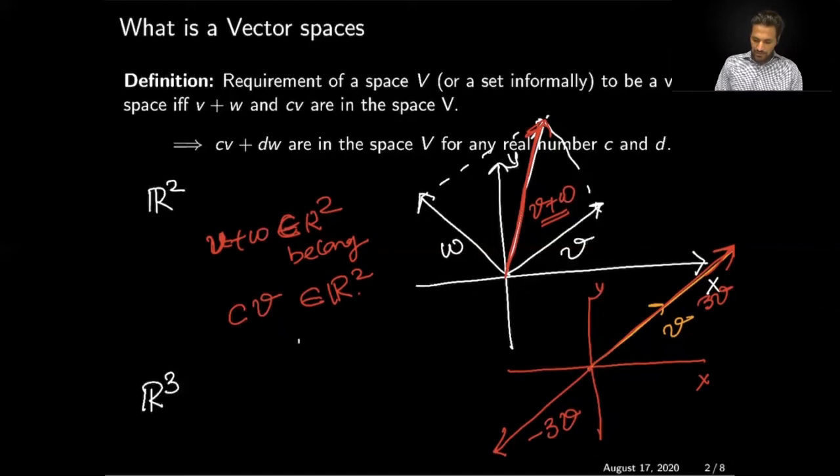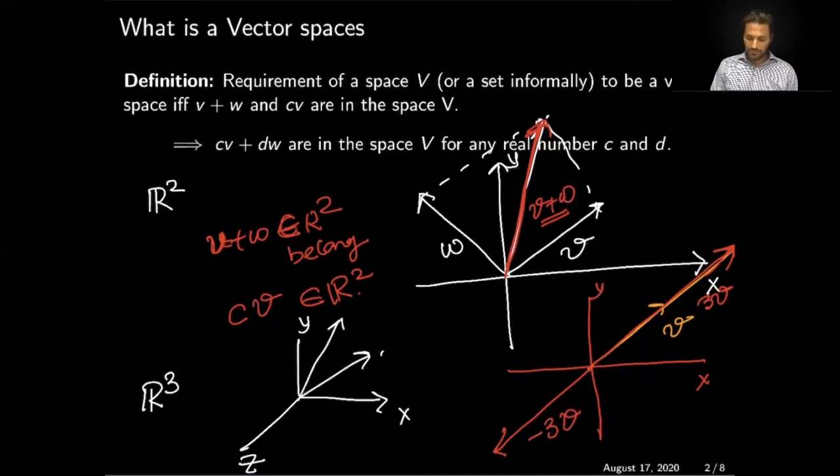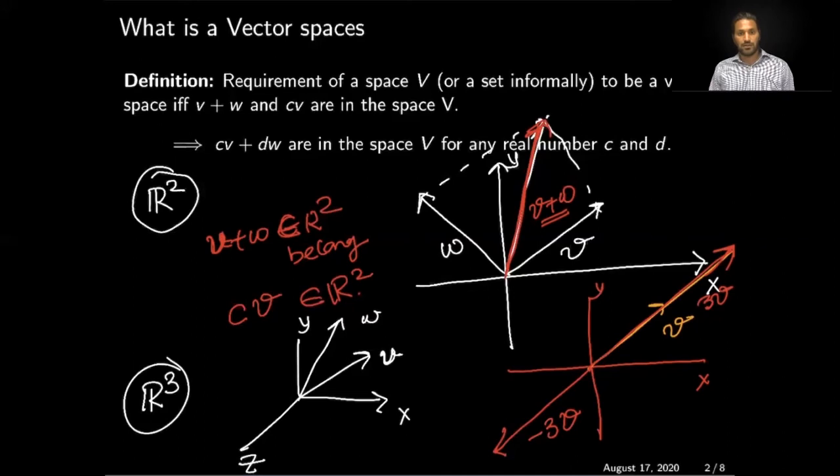R3 is a three-dimensional space, X, Y, Z. This is also a vector space. No matter which two vectors you take from the space, like V and W, if you add them, they stay in the space, and if you rescale them, they also stay in the space. So this is the second example of a vector space.